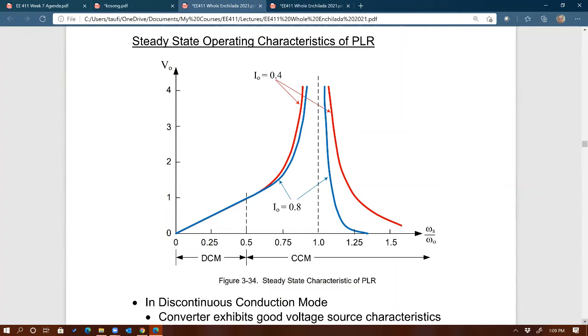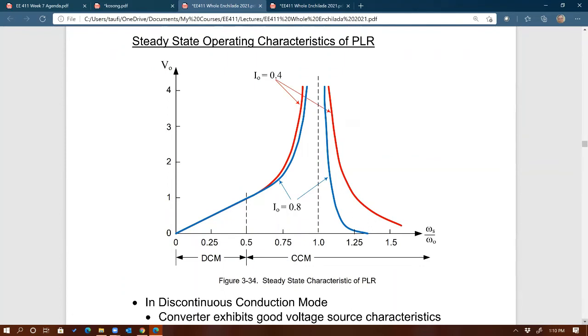Series loaded resonant has very cool, in my opinion, steady state characteristics in that if you operate series loaded resonant in DCM, it offers a huge benefit when it comes to short circuit protection, right?